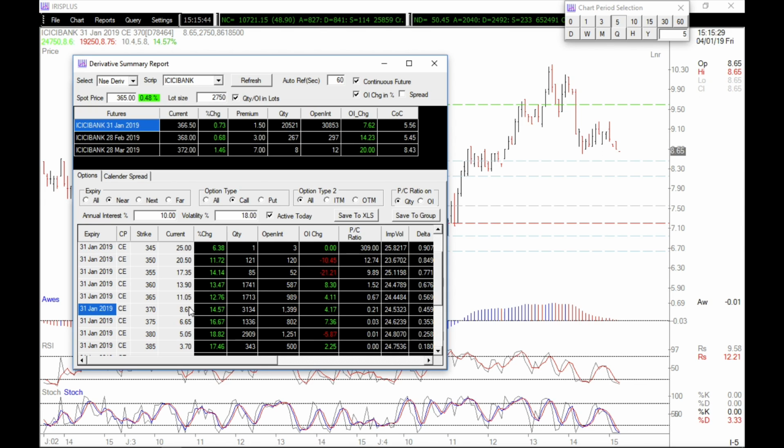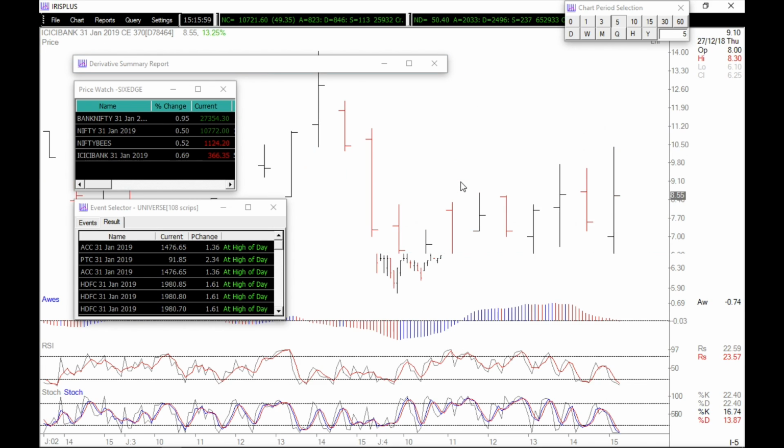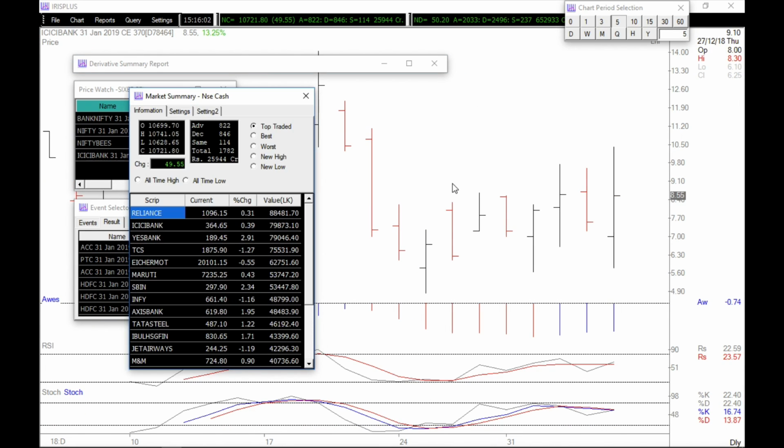So this information and what is the kind of PCR of that particular strike and probably the delta. So for this information, if I want to take in an options, I would definitely use this derivative summary box.